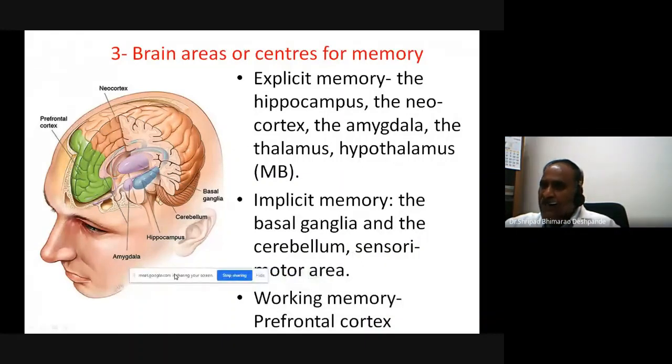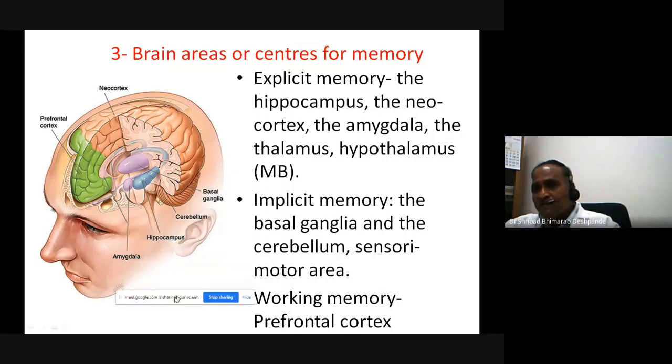Then for working memory, we require the prefrontal cortex and basal ganglia. It is primarily the prefrontal cortex. Working memory lasts only a very short time, less than a second. You forget about it; it is just storing and then forgetting, because we don't have space in the brain to retain all the information.